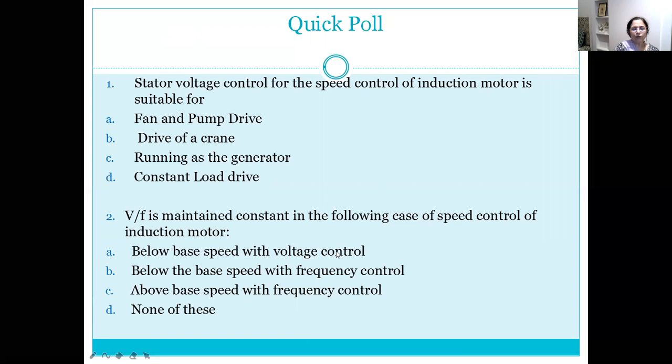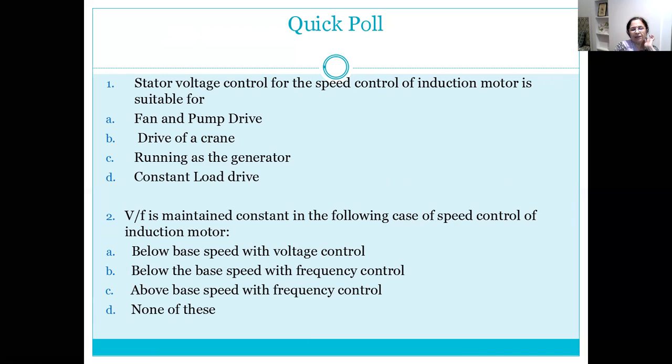Below base speed with frequency control, because then the V/F ratio is maintained constant. If we try to operate above base speed, then the V/F ratio is not maintained constant. It will be reduced because V is constant and F is increased. So we choose below base speed with frequency control. This can be taken as the correct answer.